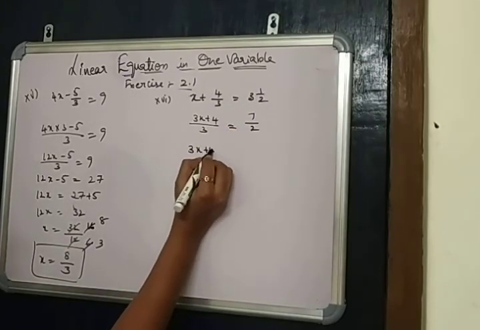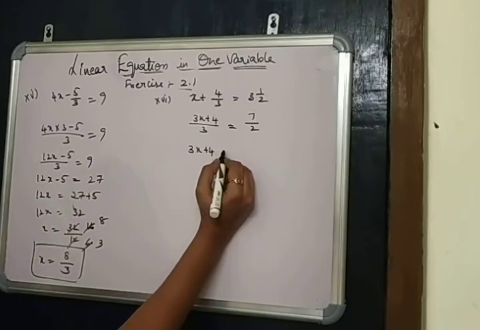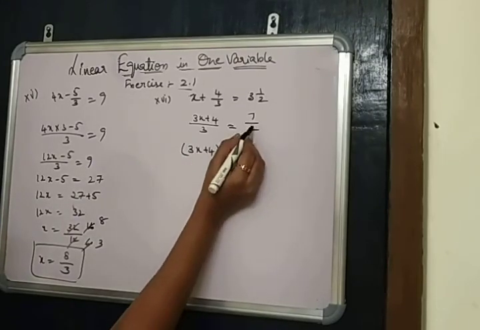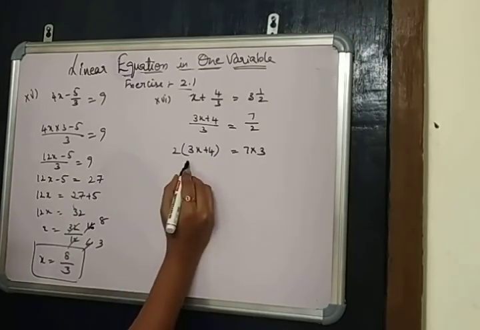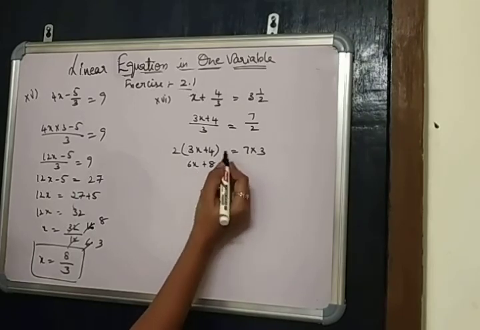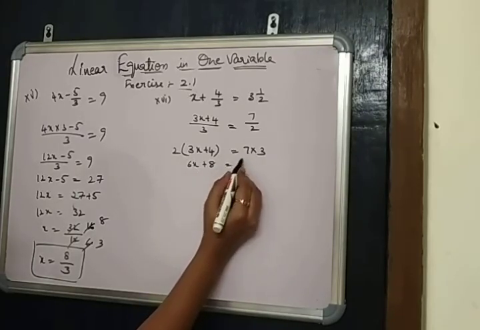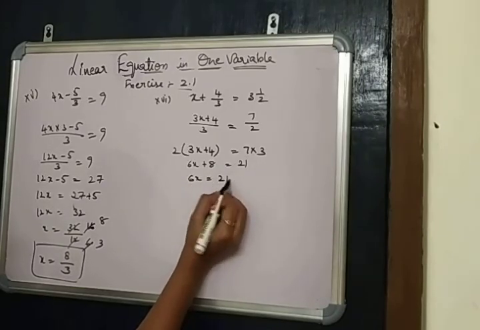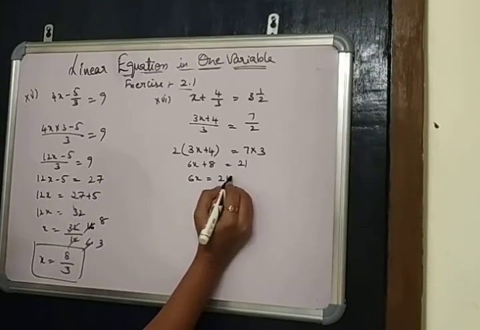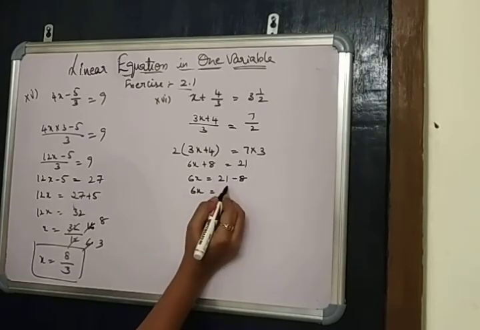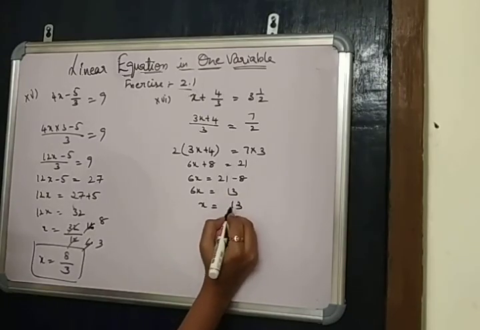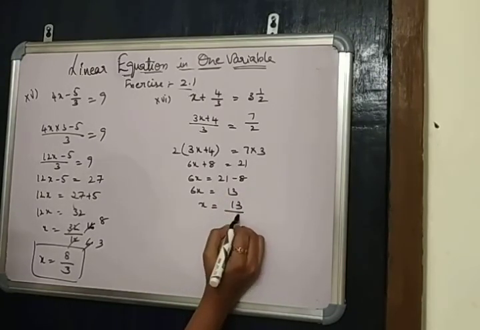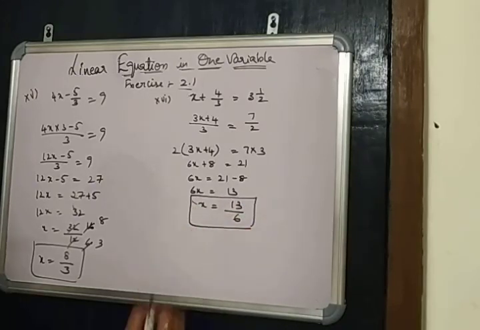Okay, 3x plus 4, I have to cross multiply it. 3x plus 4, 2 into 3x plus 4 is equal to 7 into 3. 2 3s are 6x plus 4 2s are 8 is equal to 7 3s are 21. 6x is equal to 21 plus 8. When it moves to the right hand side, it will become minus 8. 6x is equal to 21 minus 8 is 13, where x is equal to, transpose this 6 into the right hand side, it goes to the denominator. Your answer is x is equal to 13 divided by 6.